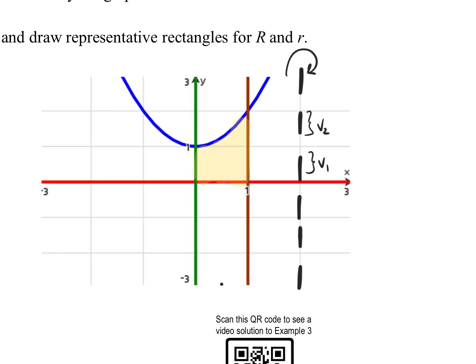So, little color coding here for my rectangles. Big R of x for the first one, we'll call this R1. Now, are we in terms of x or y? Y. So this is R1 of y. And then little r1 is going to be this distance right there.